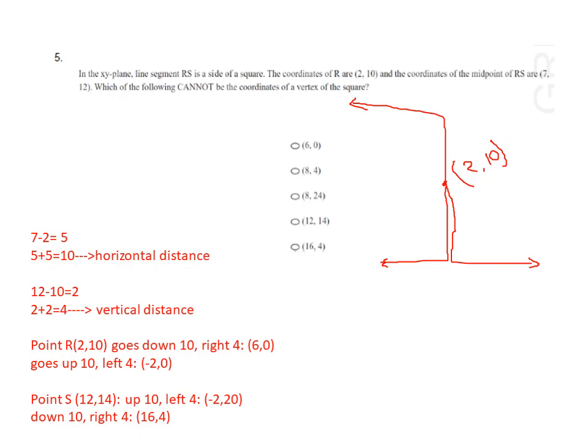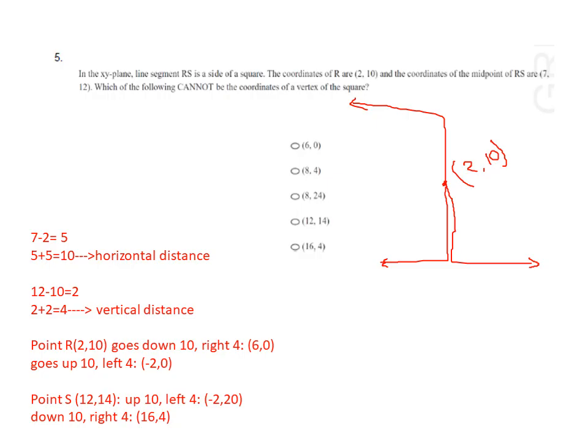So the horizontal distance is 10 and the vertical distance is 4. Now from point R, going down we get 10, that is 5 plus 5 equal to 10, and going right we get 4, that is 2 plus 2 equal to 4. In this way you get a coordinate, that is (6, 0).